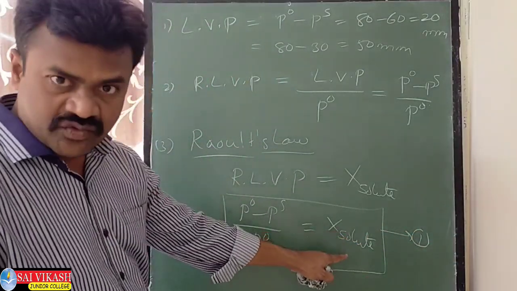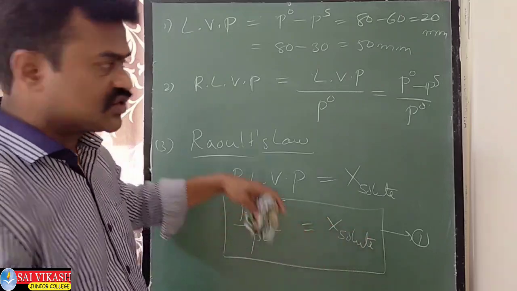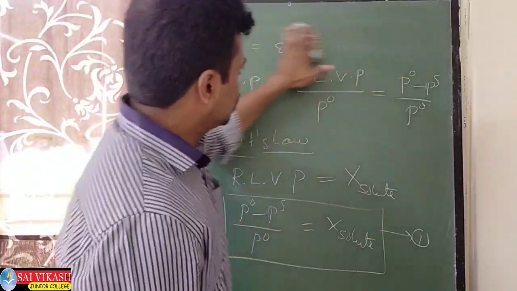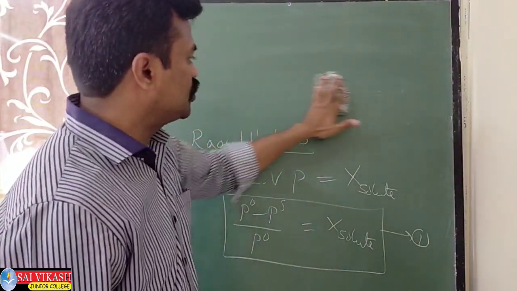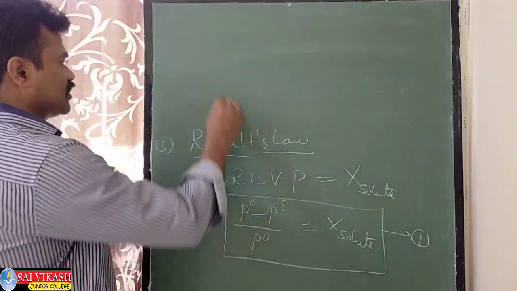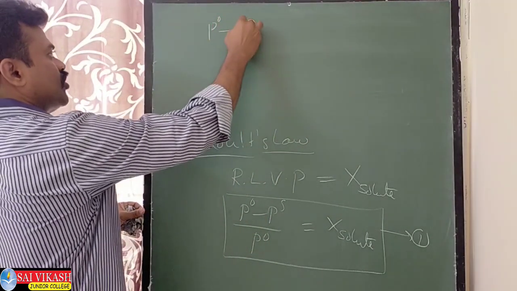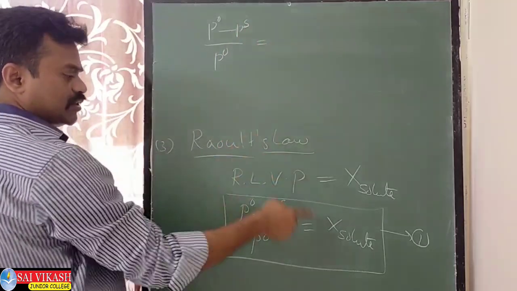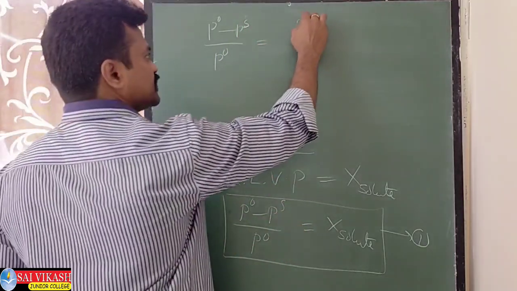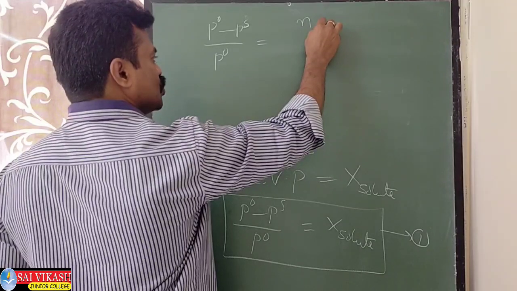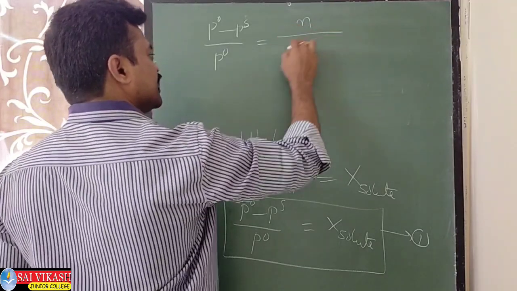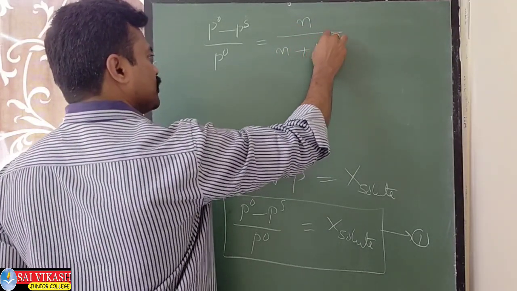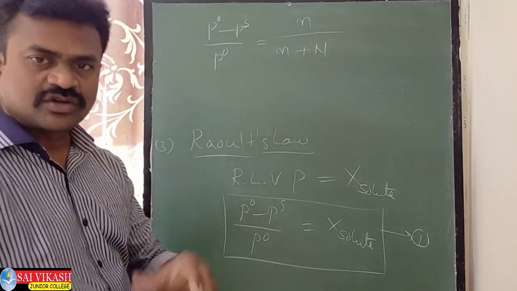Now in this equation 1 I am writing the mole fraction of solute again. We know the mole fraction of the solute means what? I am writing the formulas again. P naught minus Ps by P naught is equal to mole fraction of solute, which means number of moles of solute by number of moles of solute plus solvent, the total number of moles.